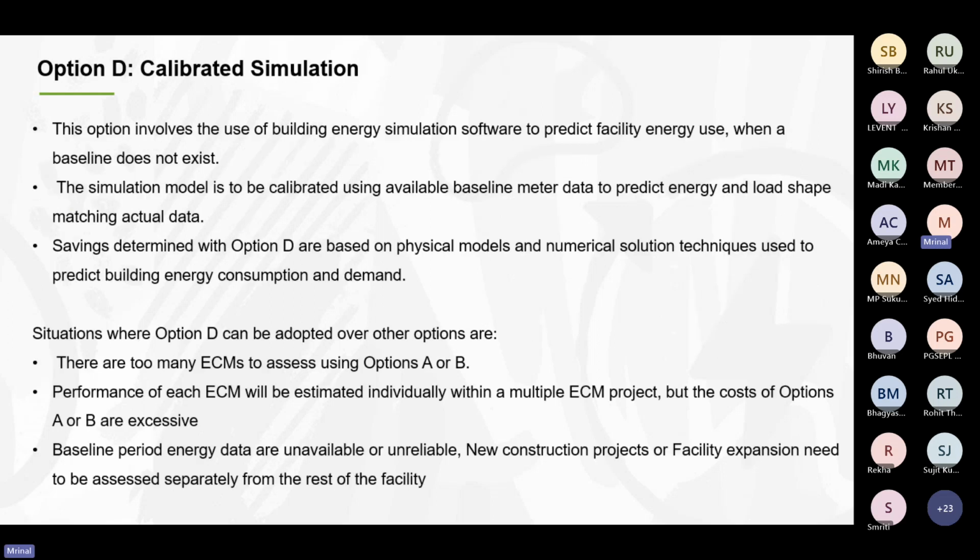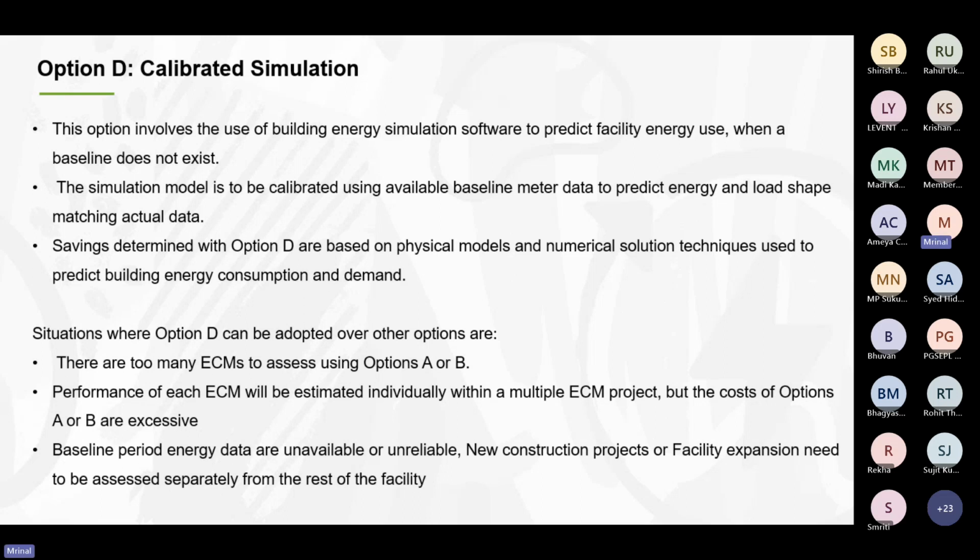Now, the last option is option D, which is the calibrated simulation. This option involves the use of building simulation software to predict facility energy use when a building baseline does not exist. So in case a baseline is not available, you have to use simulation software to predict the energy use.